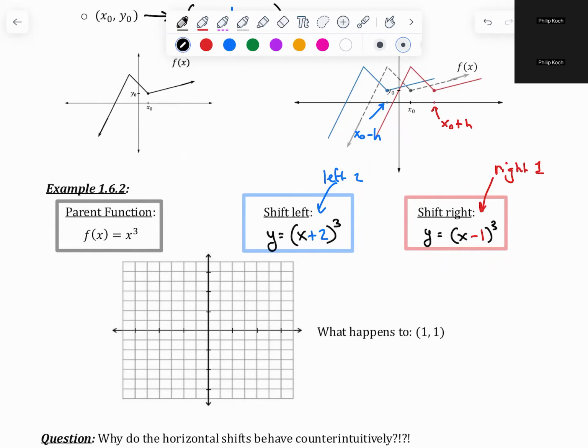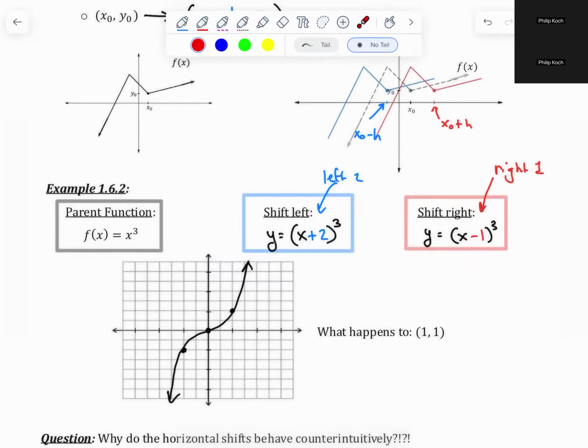So the parent graph, which we're going to draw in black, is x cubed. That's an odd power of x, so that makes the kind of squiggly line. It always has the points -1, -1, 0, 0, and 1, 1. For the shift left, you're moving every point 2 units to the left.